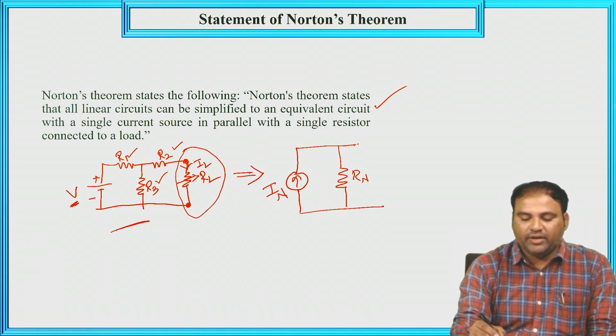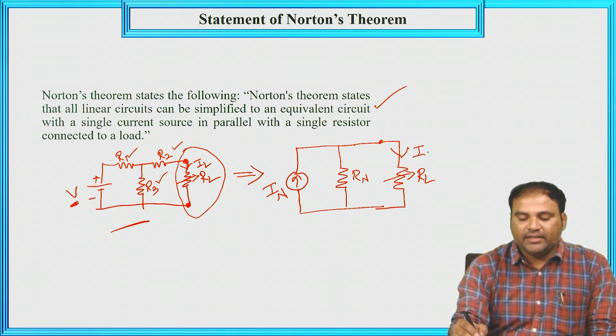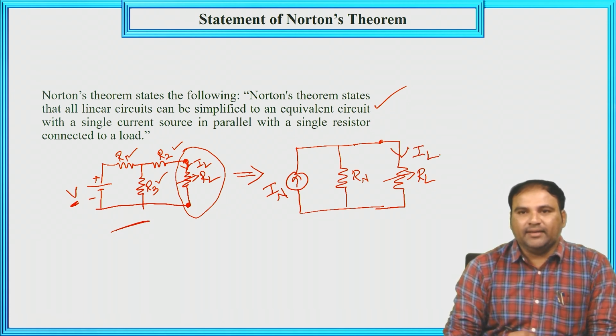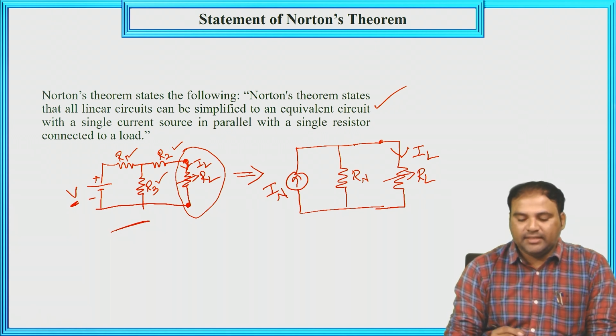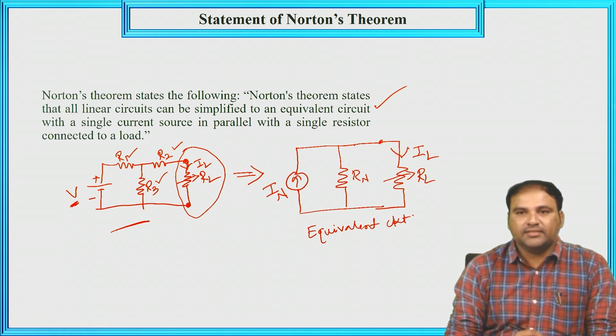So here we connect the load RL. Through this load resistor we need to calculate the load current IL. This is the equivalent circuit of Norton's theorem.